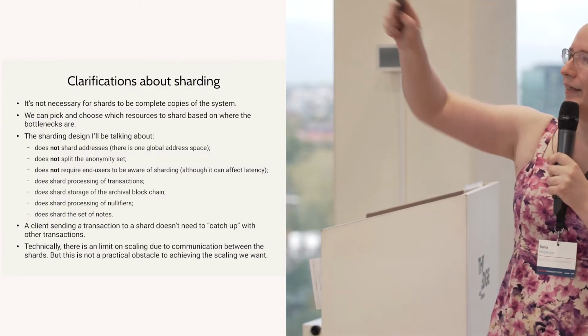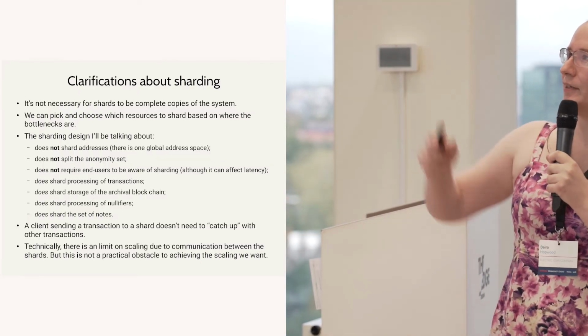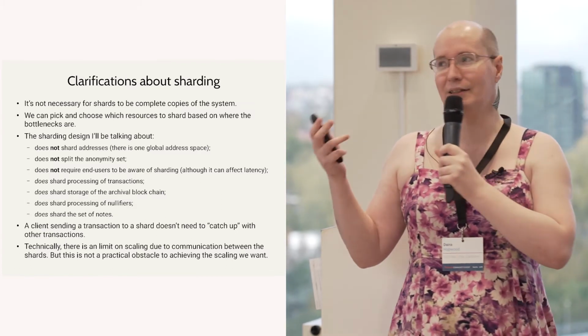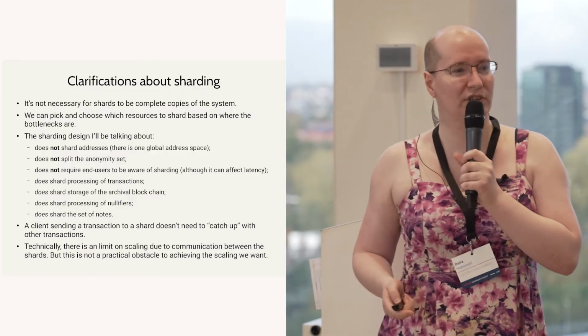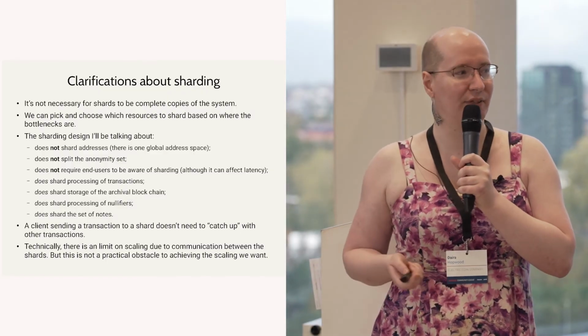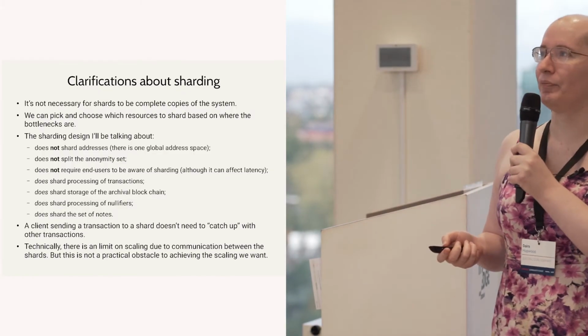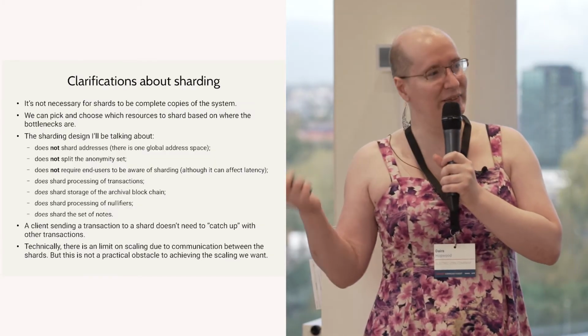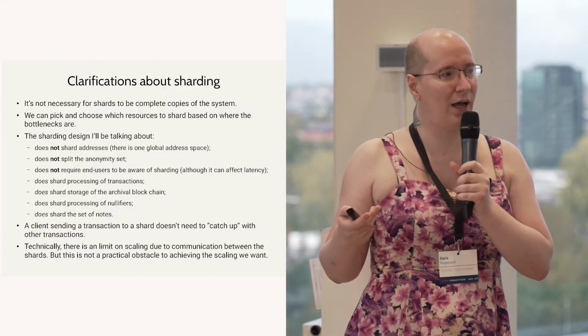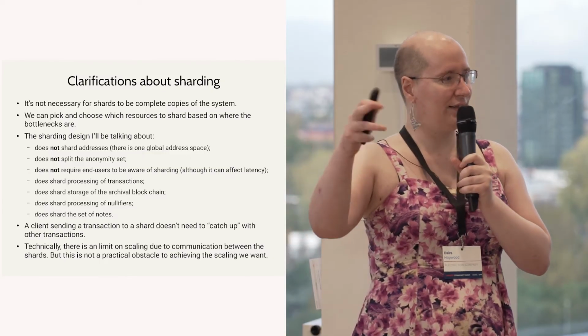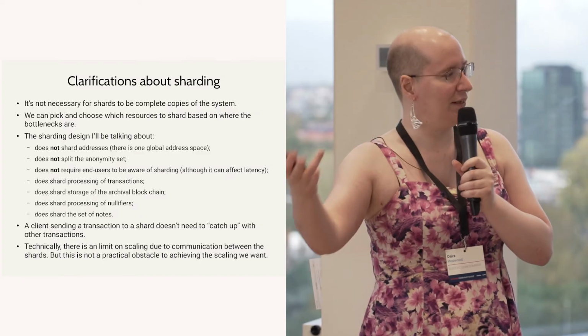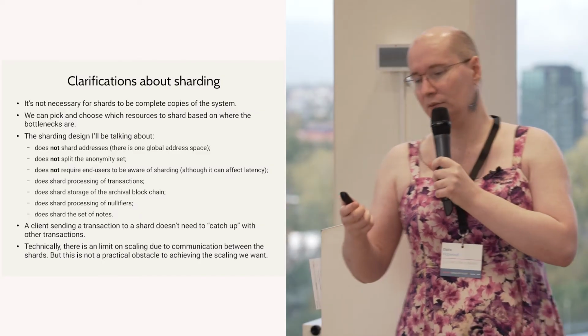In the kind of sharding I'll be talking about in this particular design, addresses are global, so addresses are not specific to a shard. We're not splitting the anonymity set, so just because a transaction is on a particular shard doesn't mean its anonymity set has been limited to that shard.